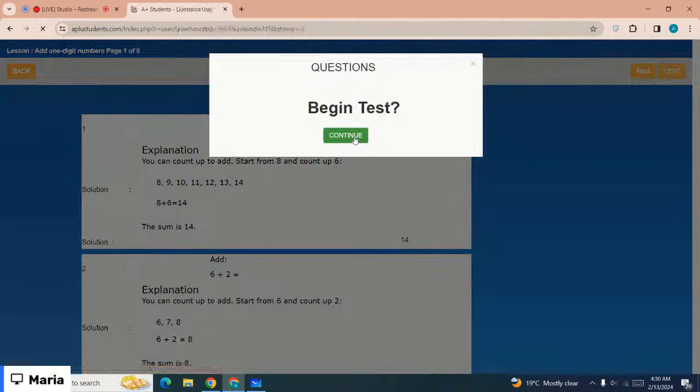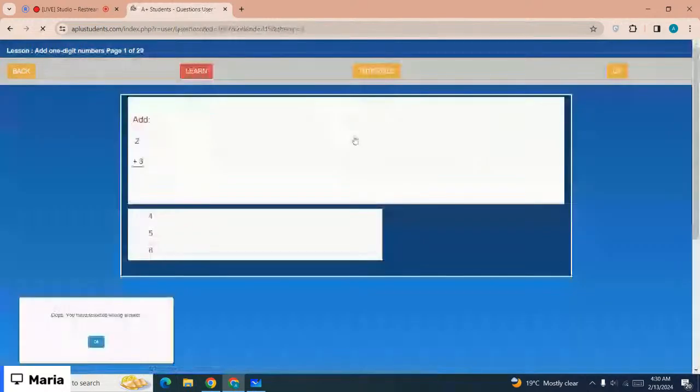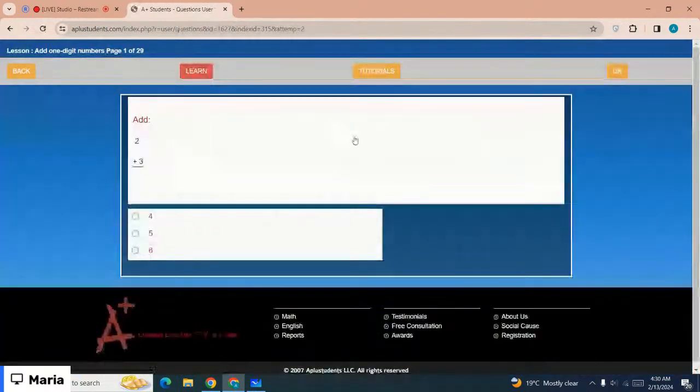Let's just start with the test questions. 2 plus 3, add. 2 plus 3, which is the correct option? So start with 3 and count.